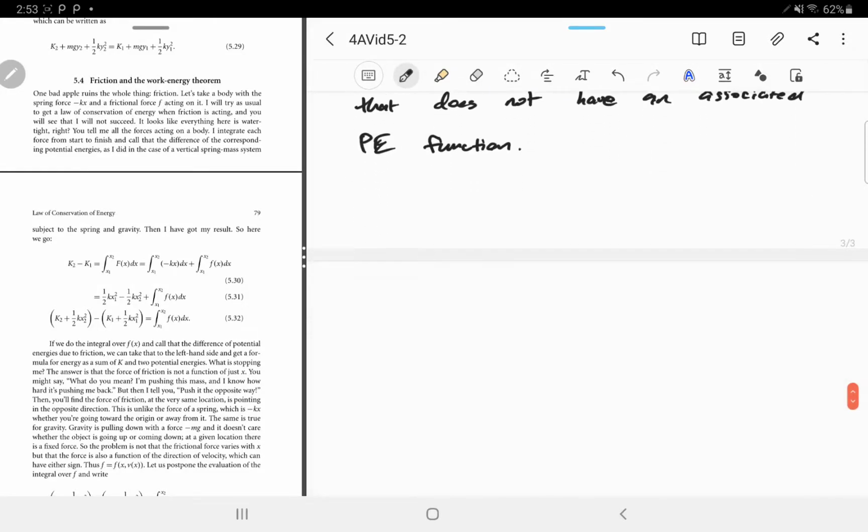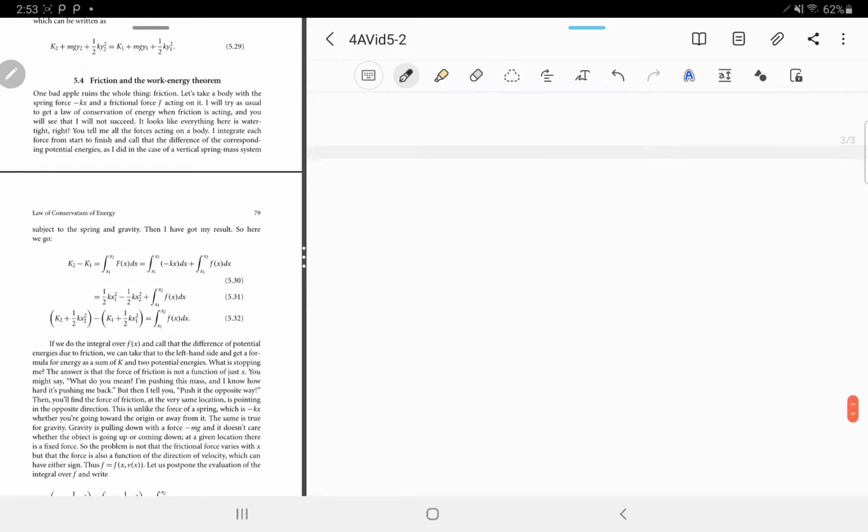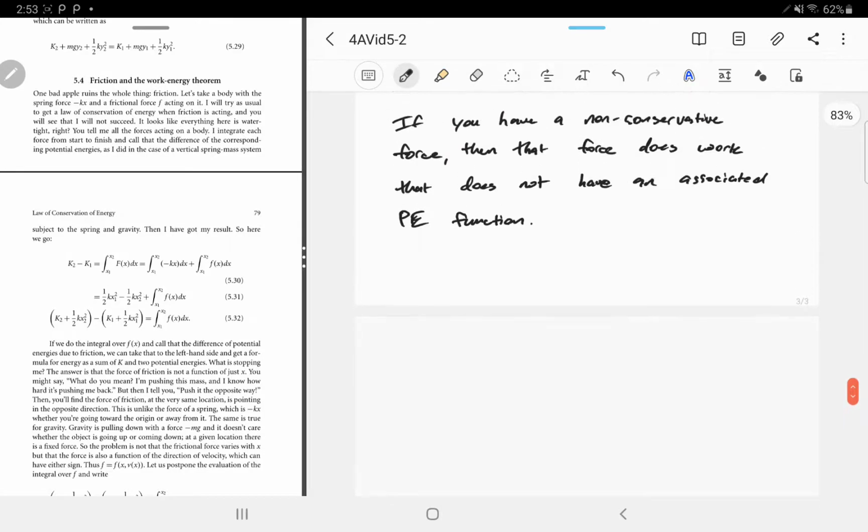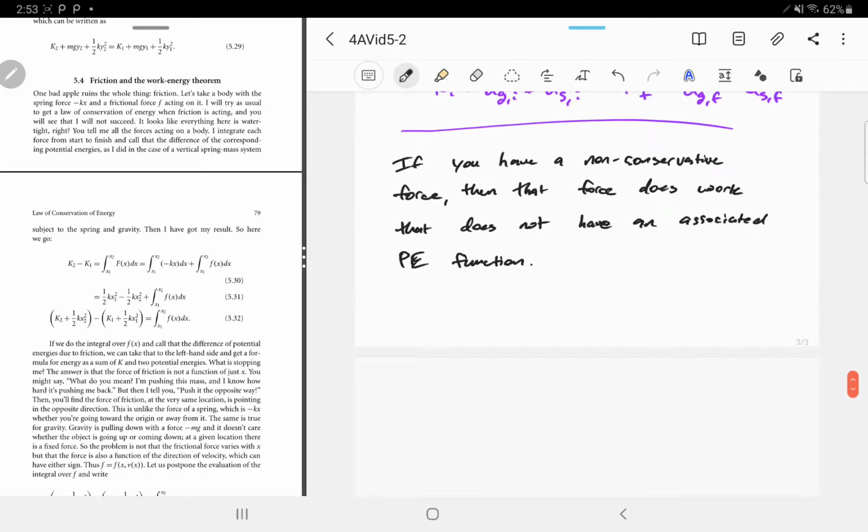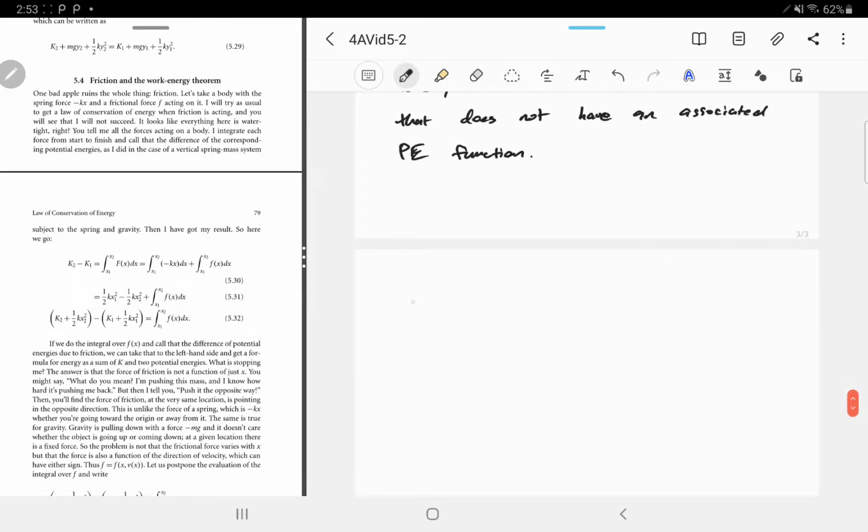And the equation that results from this is very easy if you just think about where the energy is going. So you have some system with some initial kinetic energy, and some initial potential energy. I'm going to use U to be the sum of gravitational and spring energies, so this is the total potential energy from conservative forces.